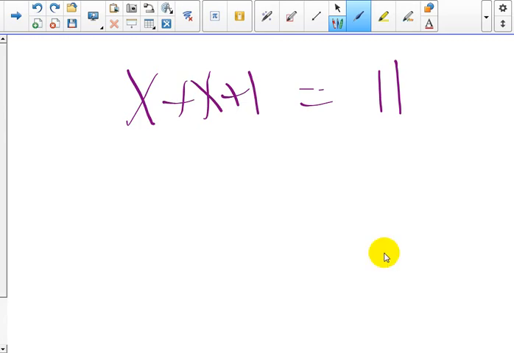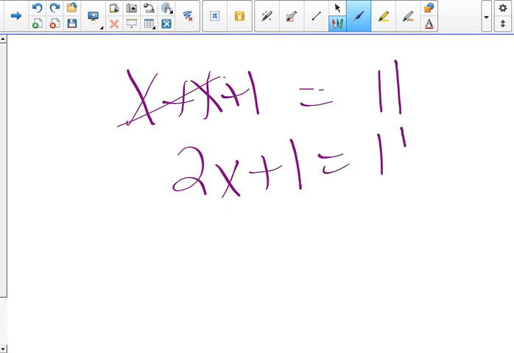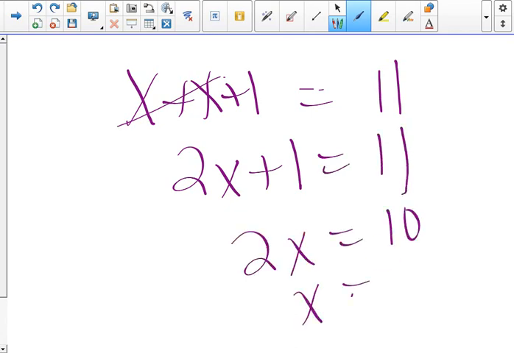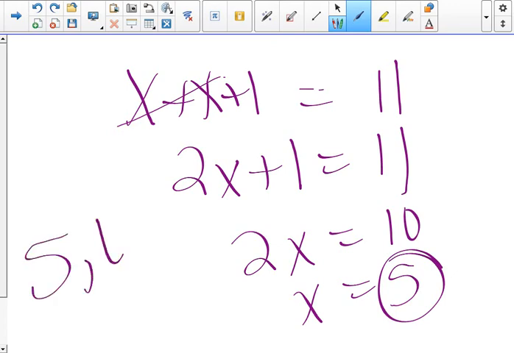All right, so what would you do? You would say, well, that's 2x plus 1 equal 11. 2x equal 10. X is equal to 5. Oh, well, the first number is 5, and the next number is x plus 1, which would be 6. Oh, my 2 numbers are 5 and 6. When you add these 2 consecutive numbers, you get 11.